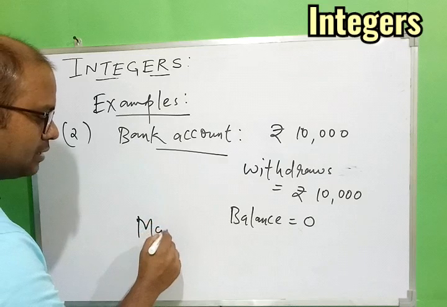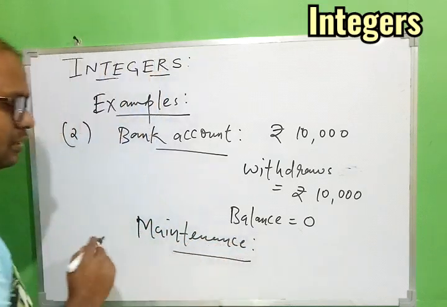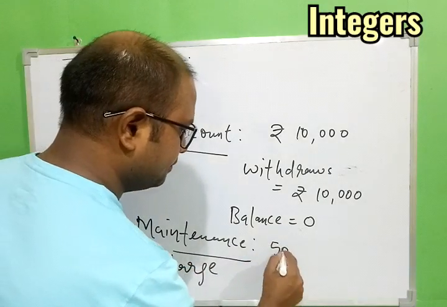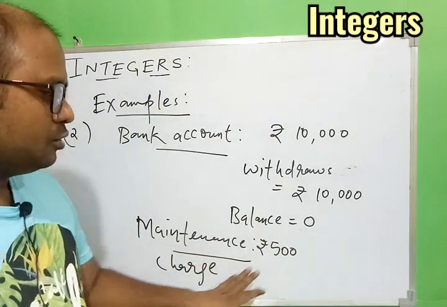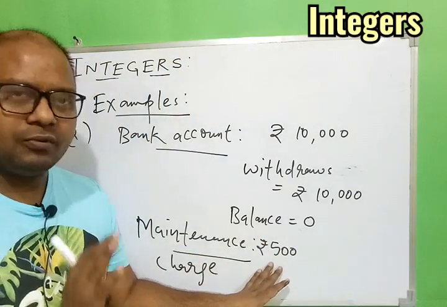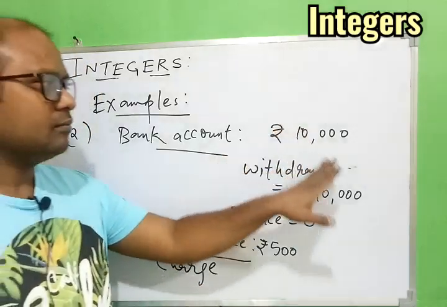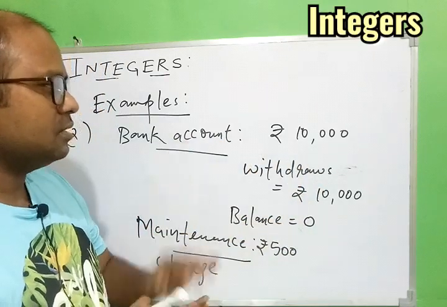Just take an example. For the maintenance the bank charges rupees 500. So the maintenance charge is 500 for 1 year, but the bank sees that there is no amount in the account of this person.